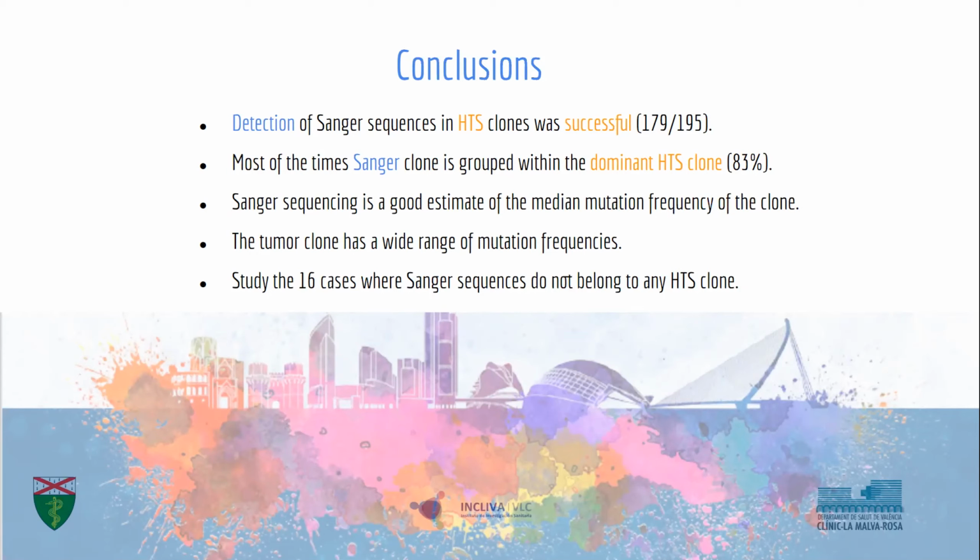Also, Sanger sequencing is a good estimate of the median mutation frequency that we find in the clone, and the clone also has a wide range of mutation frequencies. We also want to study the 16 cases where we do not detect the Sanger sequence belonging to any HTS clone.